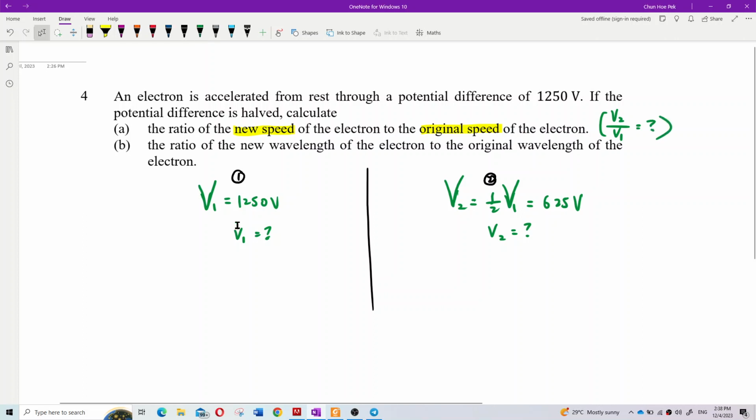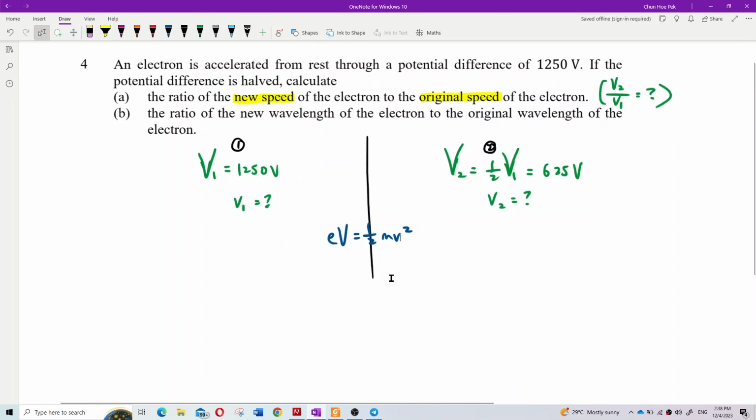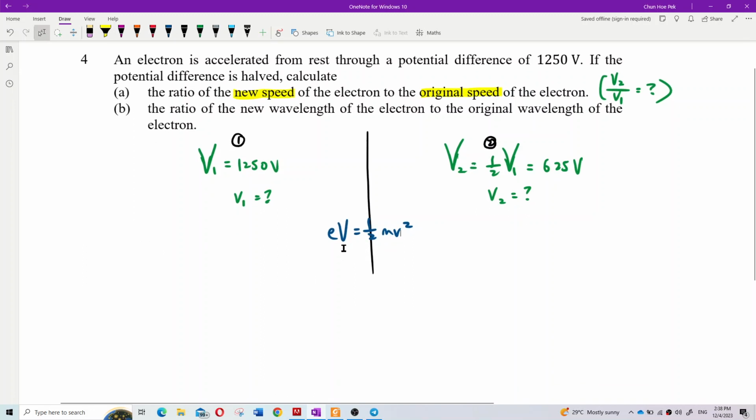Okay, how to relate velocity and voltage? The formula to relate is eV equal to half mv square. From here we can see the electron charge and mass of electron are constant. The variable is only voltage and velocity.